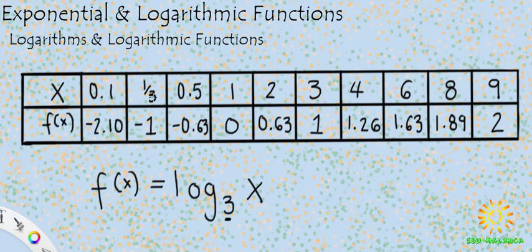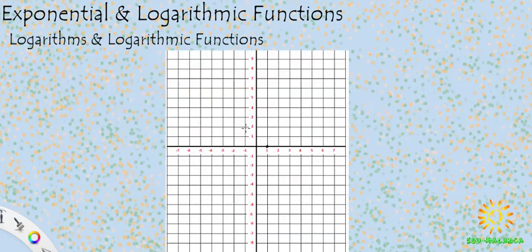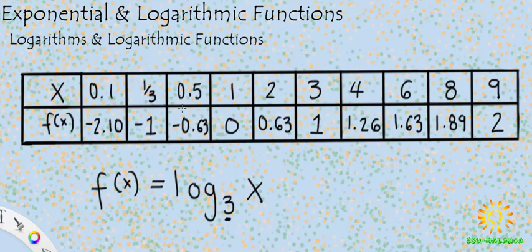And when x is 1 over 3, y is minus 1. Okay, let's start with 0.5. When x is 0.5, y is minus 0.63. I'm going to make an estimate somewhere perhaps over here. And when x is 1 over 3, y is negative 1. So somewhere about there.